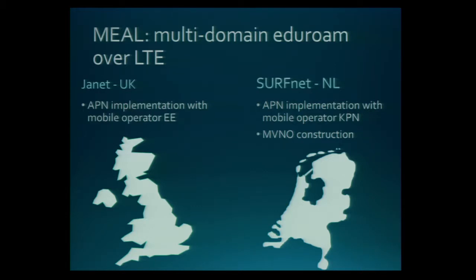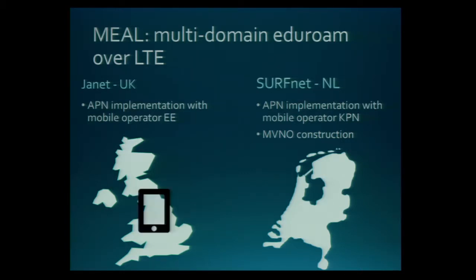This is a project that we do in the context of GN3+, and there are only two NRENs involved, and that's SURFnet and Janet. And we do both, APN and MVNO. At Janet, they focus mainly on the APN solution, and in the Netherlands, we have both the APN and experience with an MVNO construction.